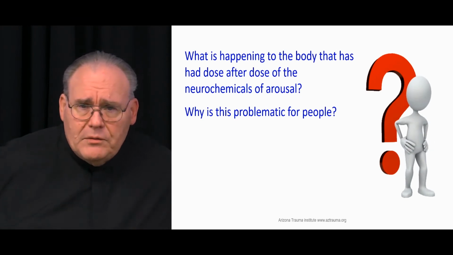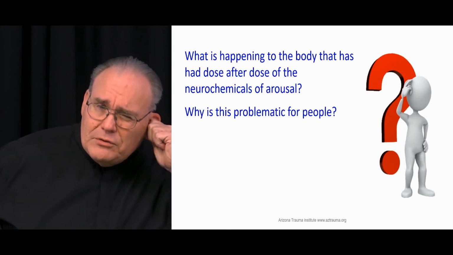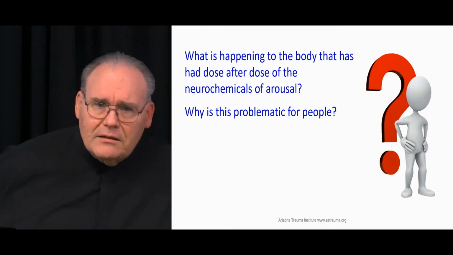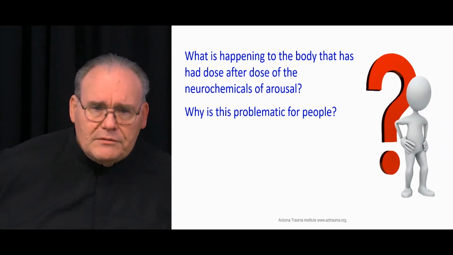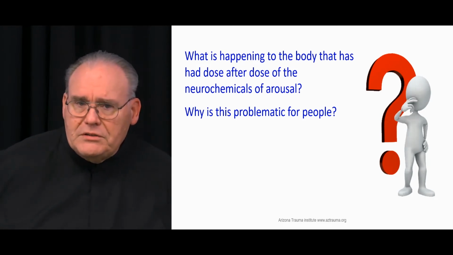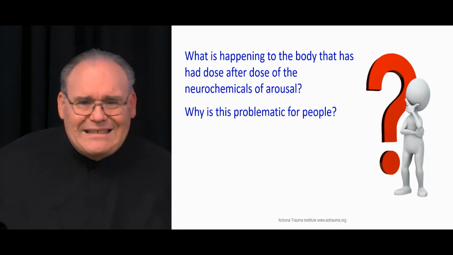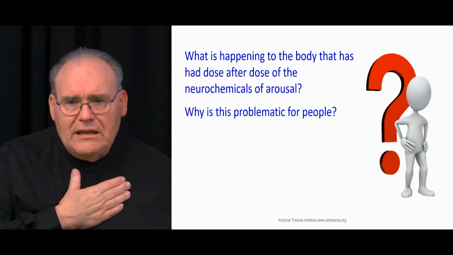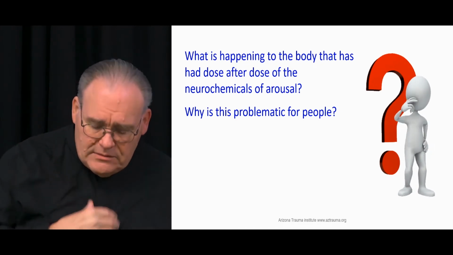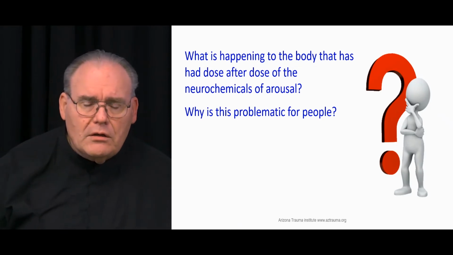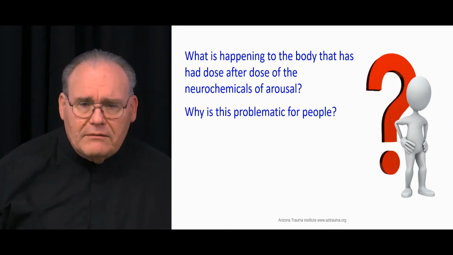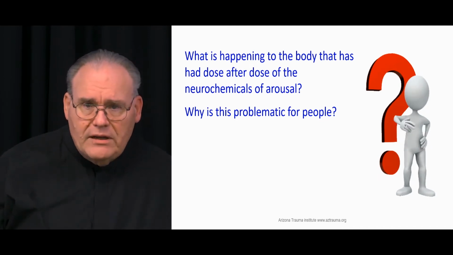So what is happening to the body that has had a dose after dose after dose of the fiery cocktail of neurochemicals and hormones that push people into arousal? Why is this problematic for people? Because as soon as they get over their range of tolerance, they no longer are able to do executive functioning very effectively. In other words, they can't create distinctions.